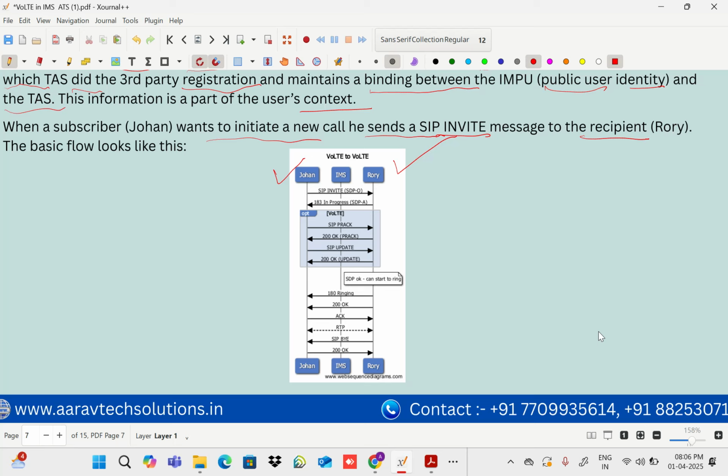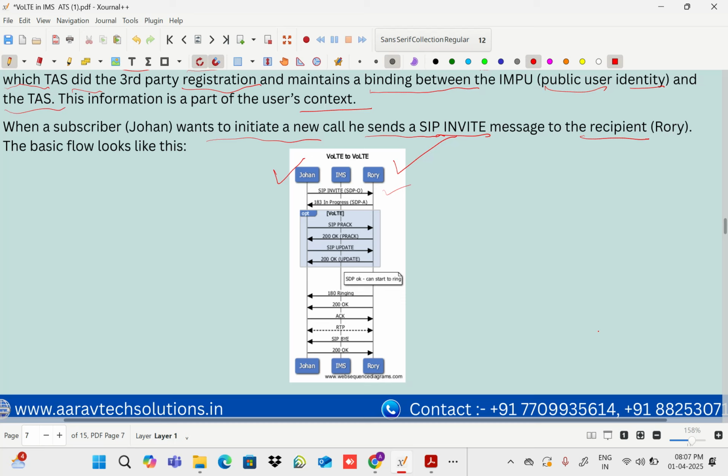John is sending the SIP INVITE request to the IMS. The IMS forwards the INVITE request to Rory. And here SDP is optional, but in this SIP INVITE request, SDP is already available.